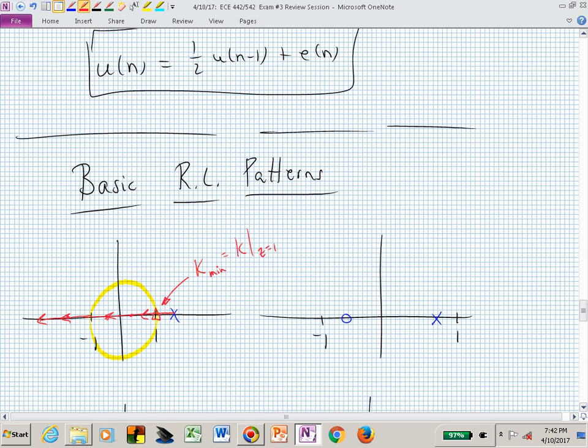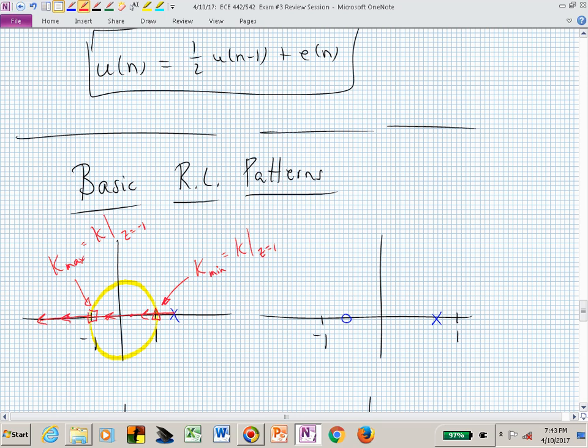And the maximum that I can crank up K and still remain stable is this squared value. This is K max, which is the K expression evaluated at z equal to minus 1. That's now your K range for stability.